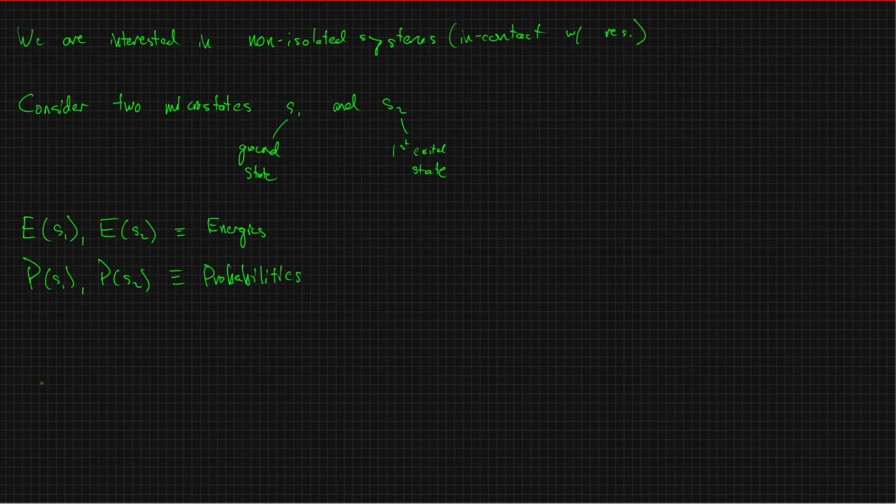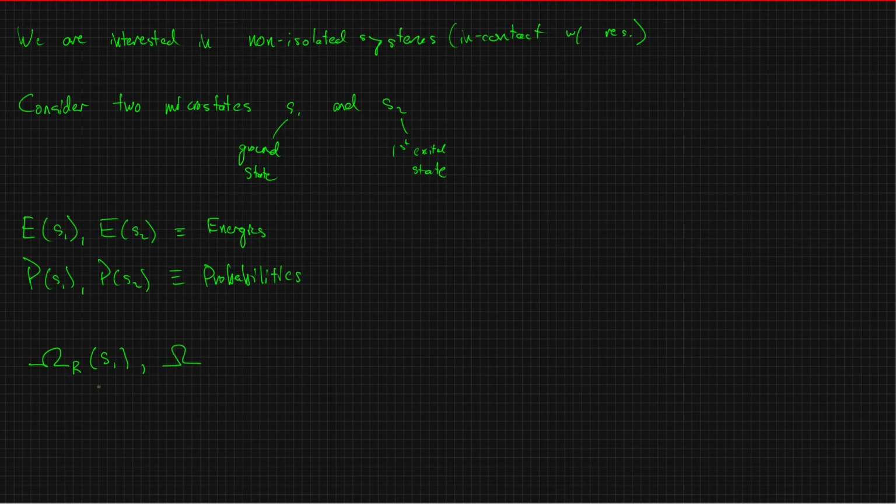So let's define the multiplicity for the reservoir when the system is in a specific state. We'll refer to those as omega sub r to denote reservoir. So this is the multiplicity of the reservoir, the number of states that exist, for the case when the system is in the ground state, for example.